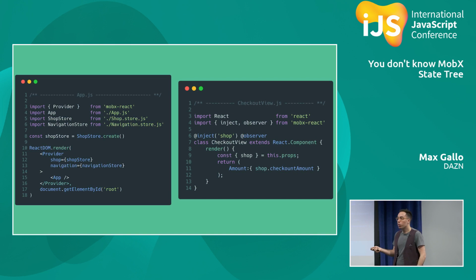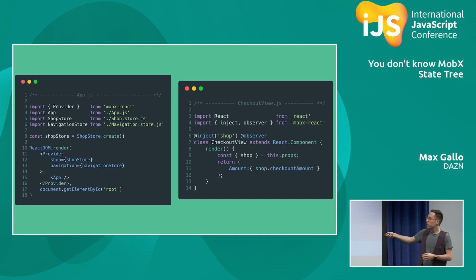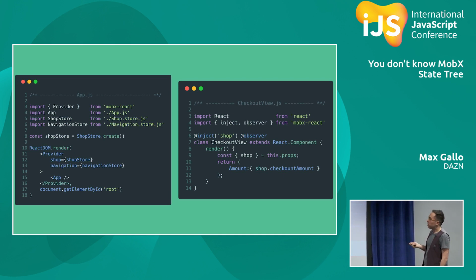There is a provider. We are passing information to that provider. In this case, we are passing two stores. For example, shop store. I create my instance of a shop store here, and then I'm passing it to the provider, and that is completed.